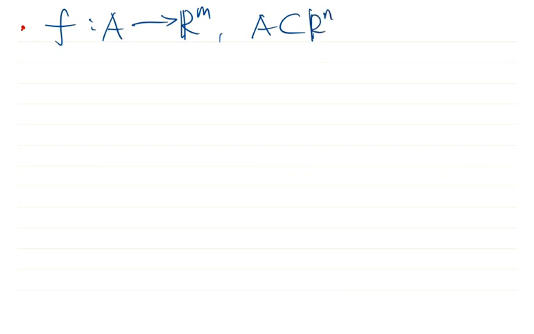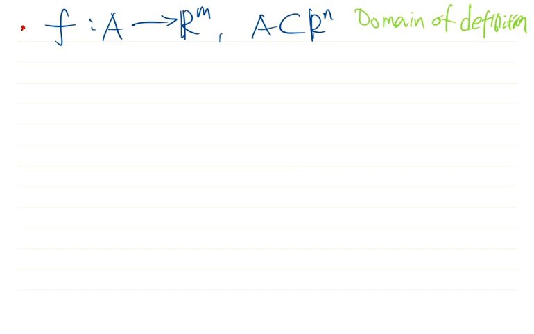Okay. So suppose we have a function from A to Rm, defined on A and taking value in Rm. Here A is a subset of Rn. Such A is called the domain of definition of this function.